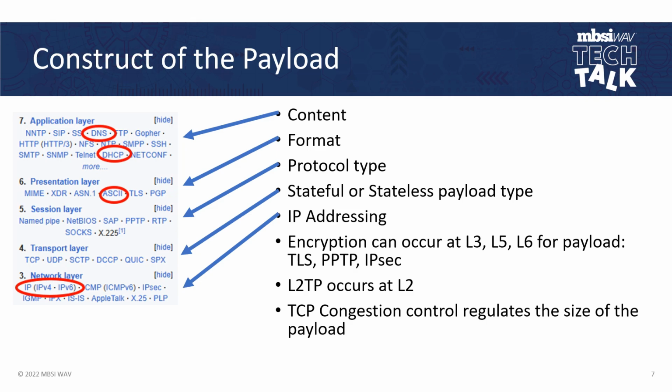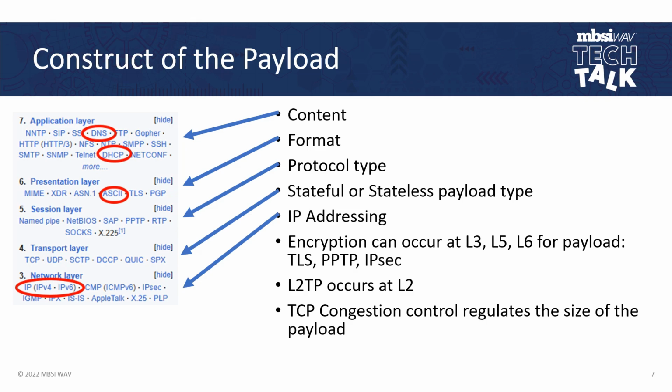And TCP congestion control regulates the size of the payload. So the more reliable the link is, the larger the payload is allowed to be. The less reliable the link is, the smaller the payload is, because the system knows that the most time wasted is a retransmission. So if I send a very long frame and that very long frame is full of errors, I'm going to have to resend that frame.